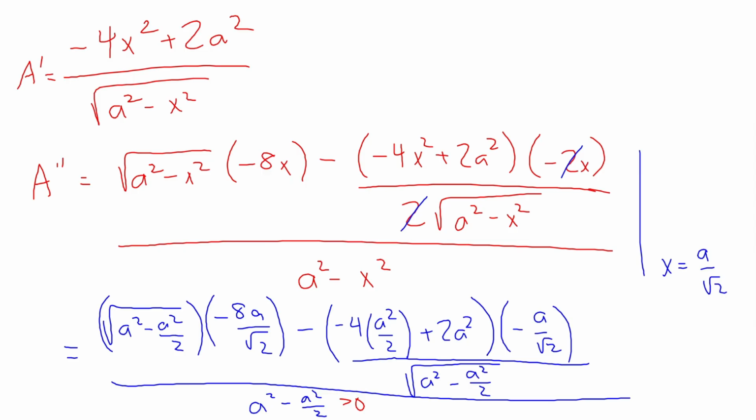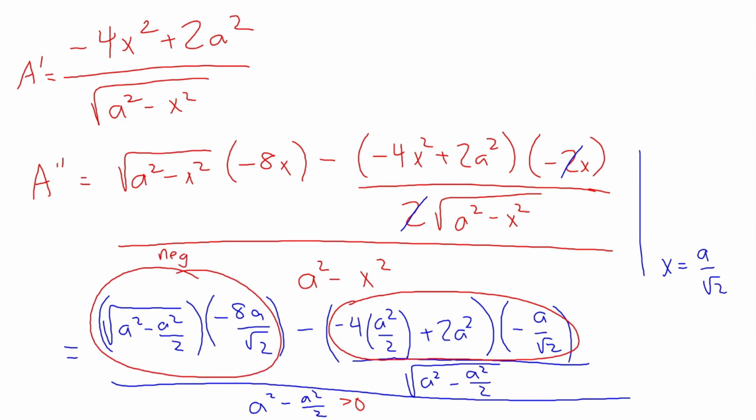Let's see what's going on here. If we simplify this numerator out, that's going to be our key, because we know that this number over here is negative. And if we subtract a positive, then we're for sure going to have a negative.